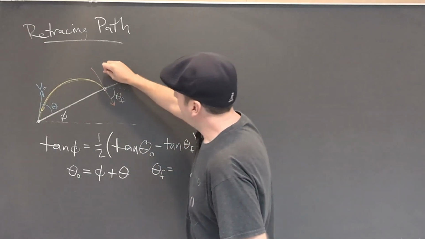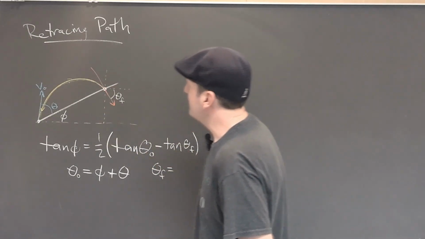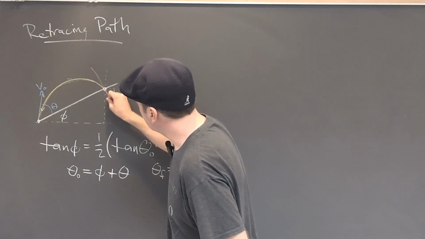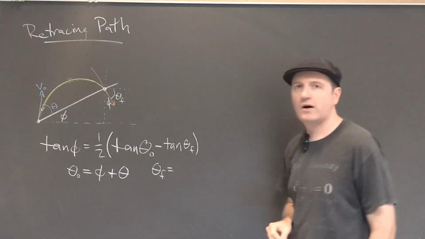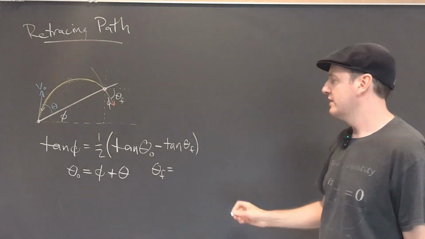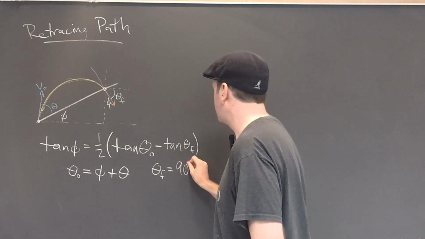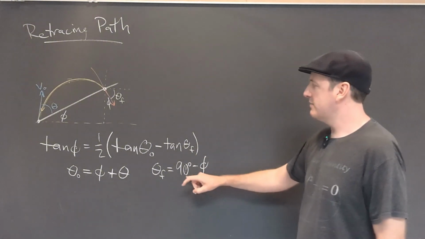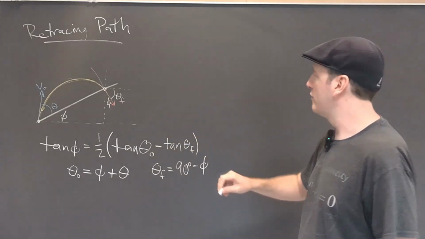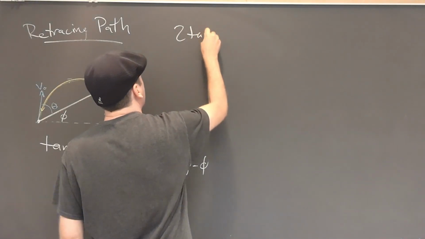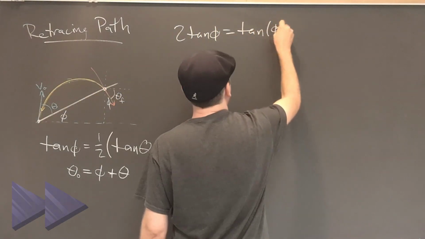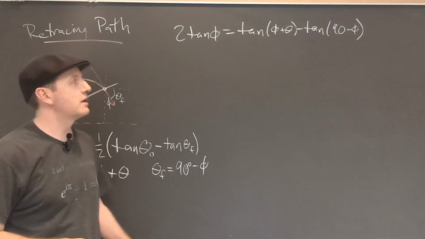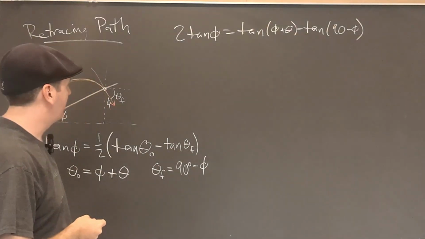Hopefully it's not too hard to see that if we drop a little perpendicular here, theta f and phi, which is this angle as well, are complementary angles. So theta f is just going to be 90 degrees minus phi. Okay, so let's sub those in here. I'll move the 2 over as well. Okay, so there's our semi-simplified result.